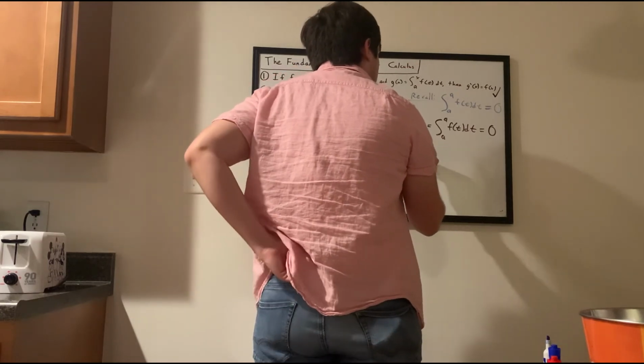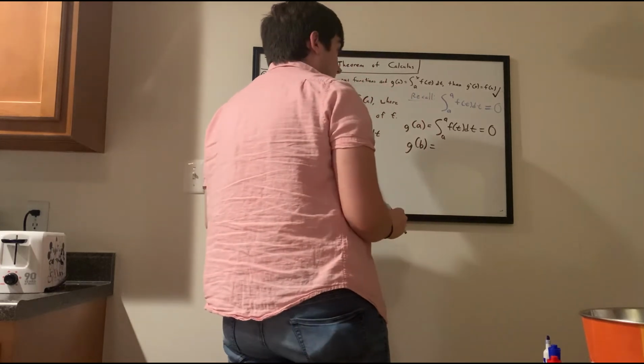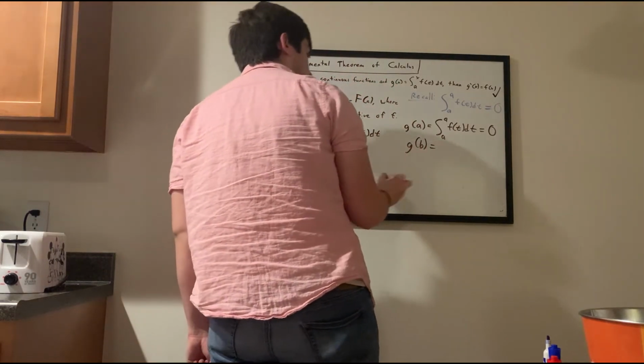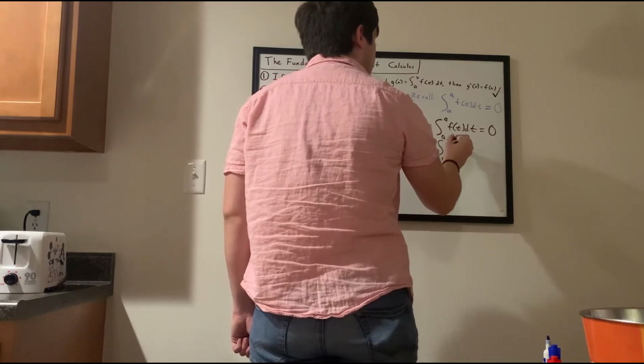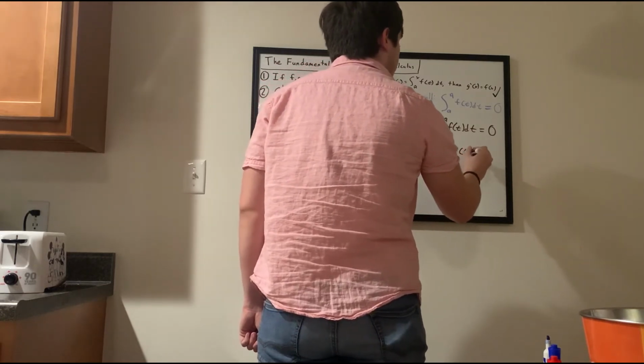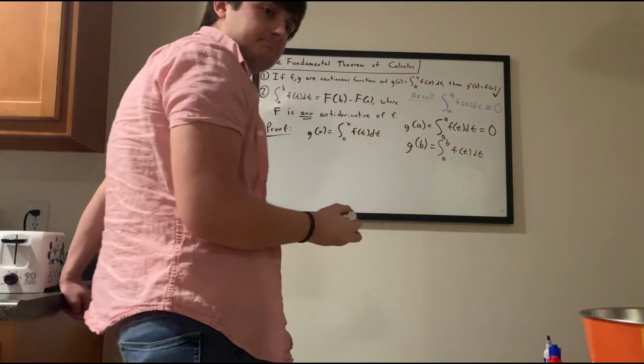Now, g of b, I just take b and plug it into my integral. And so that's going to be the integral from a to b of f of t dt. Hey, that's what we want.